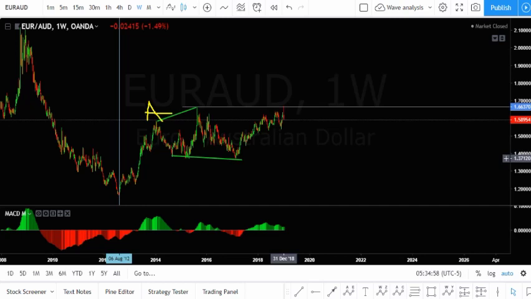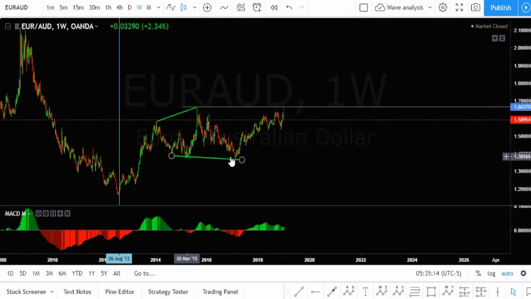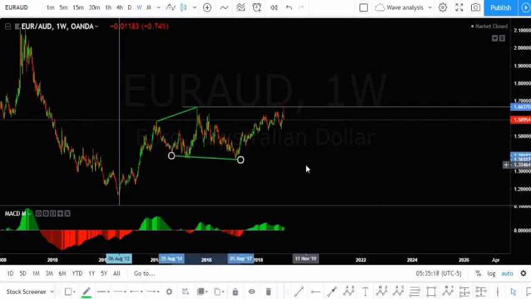Or the second thing it tells us, if this is an ABC, is that this structure is actually over and we can expect a total reversal to the downside. Once I go into the patterns lesson, you will actually see how to identify when the market fools you like this.